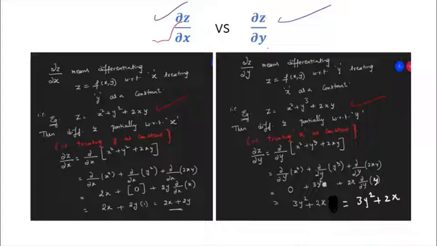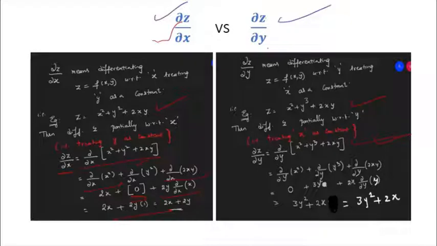So dou z by dou x is dou by dou x of x square plus dou by dou x of y square plus dou by dou x of 2xy. Dou by dou x of x square is 2x, and dou by dou x of y square is 0, and dou by dou x of 2xy is 2y into dou by dou x of x, which is 1. Similarly, you can check the same function, where the y power is a little different.